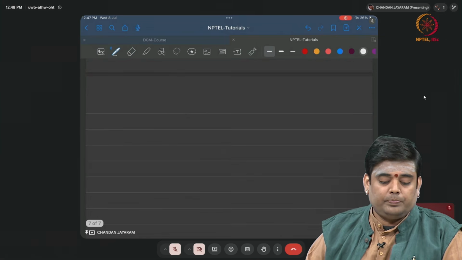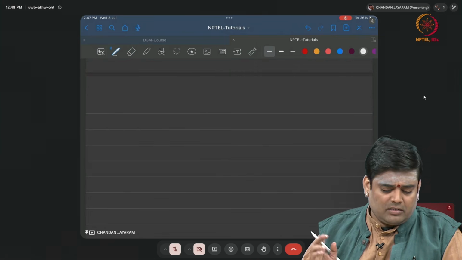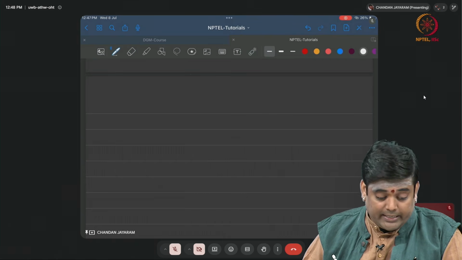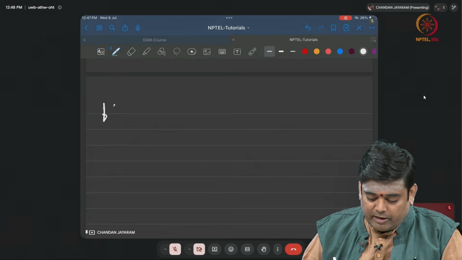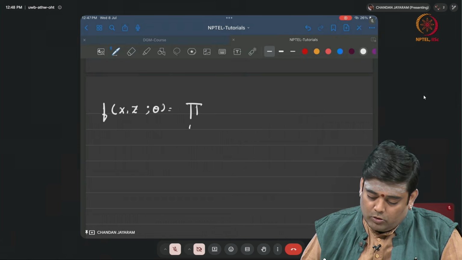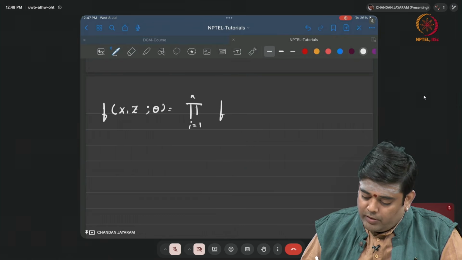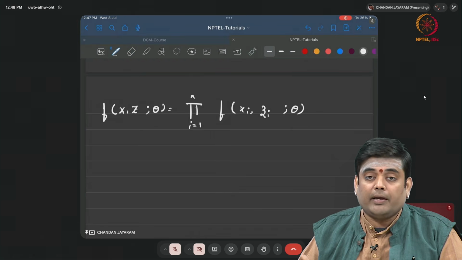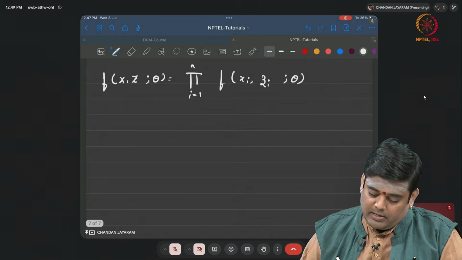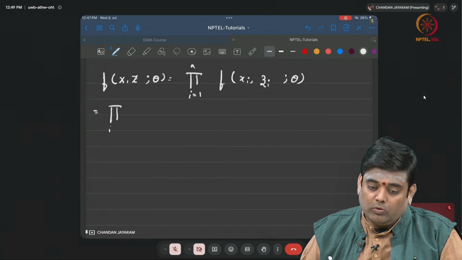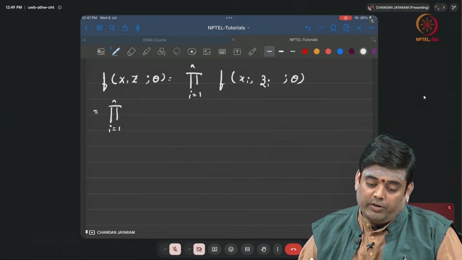So now all these observations are IID. Therefore the joint complete data density, represented by f of x, z parameterized by theta, is the product over i equal to 1 to n of f of xi, zi parameterized by theta. Now we can substitute.